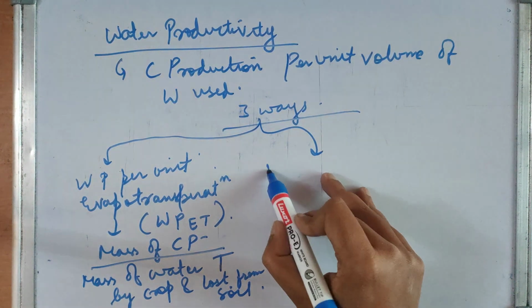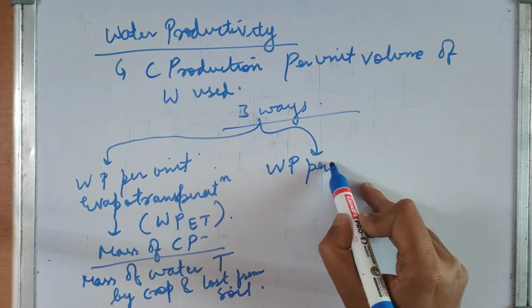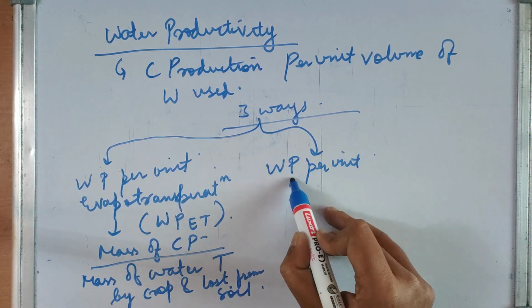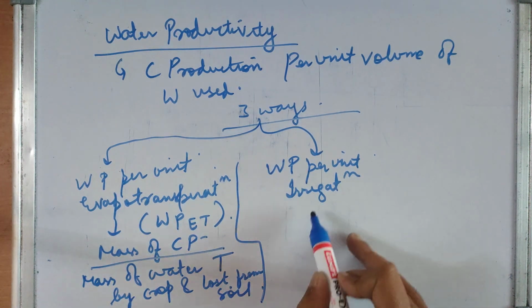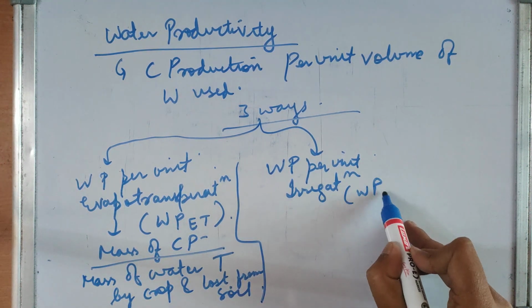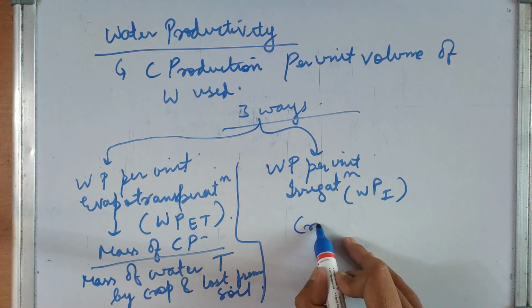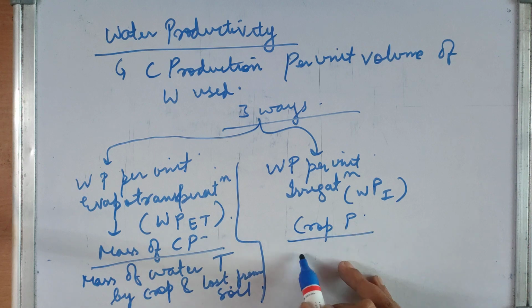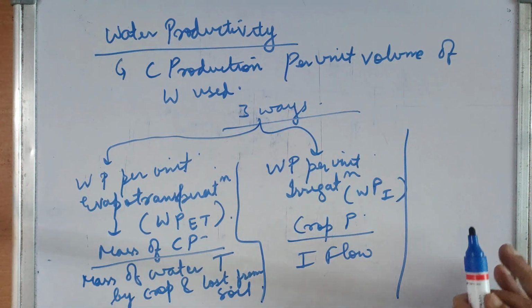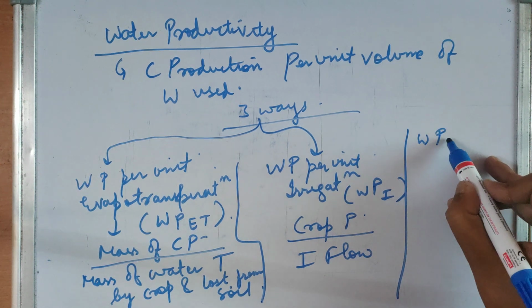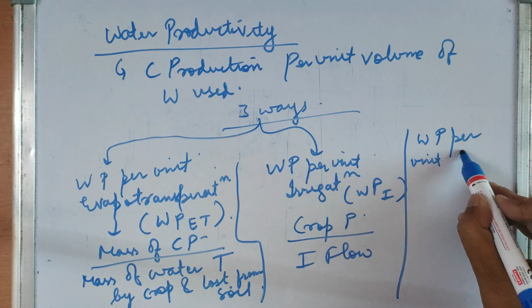Now the second one is water productivity per unit irrigation. Here crop production is divided by irrigation flow. The third one is water productivity per unit gross inflow.